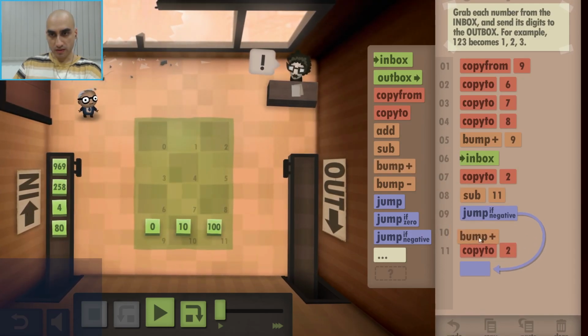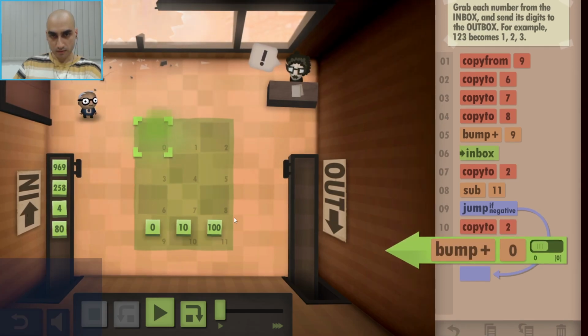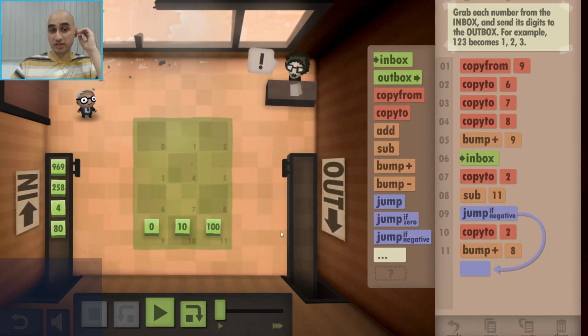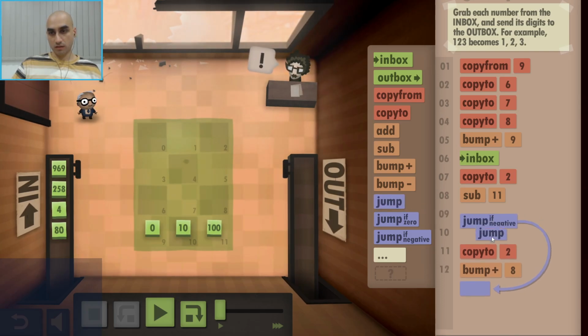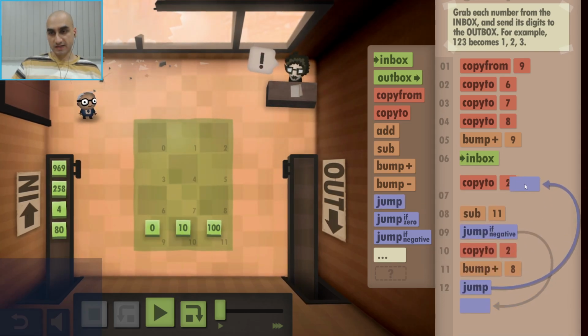And we increment the counter. That's because we found another 100. So we keep subtracting 100 until we can no longer subtract 100. And if we are negative, we break out of that loop.